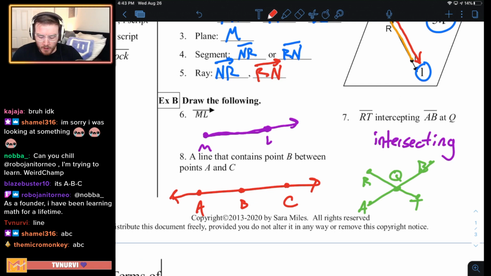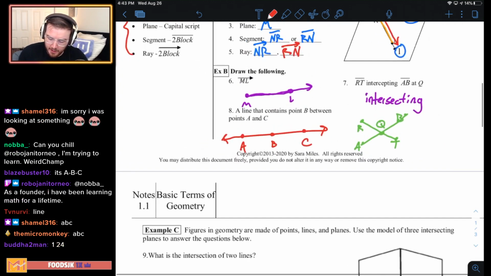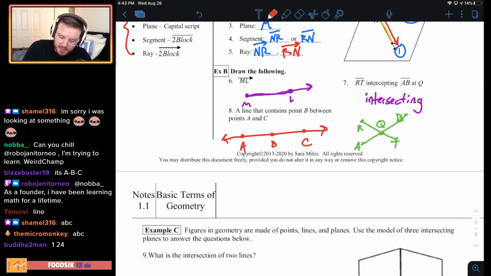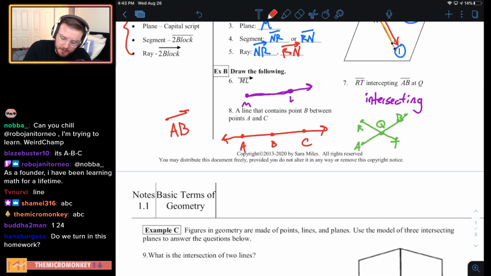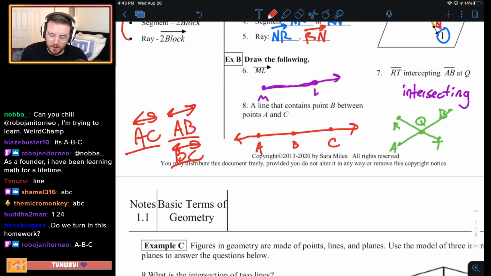Okay. So, by the way, let's spend a second here. What could we call this? This is line AB. I could also call that line BC. I could also call that line AC. All three of those are an appropriate name for this, right?